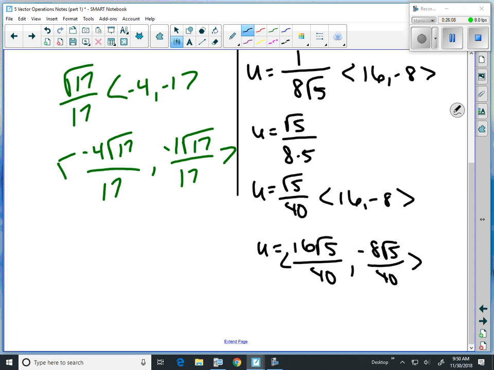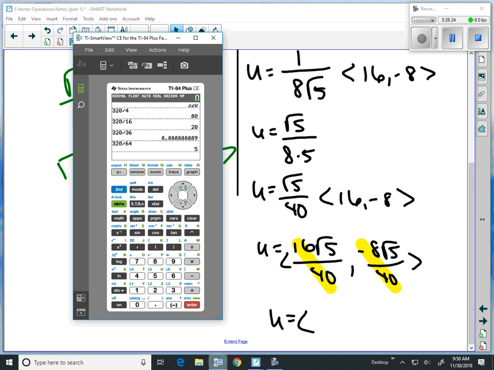Another bad news. We need to reduce. If you look at 16 over 40 and negative 8 over 40, those need to be reduced. You can do that in your calculator with the method that I showed you. So if I do 16 divided by 40, math, enter, enter, 2/5.